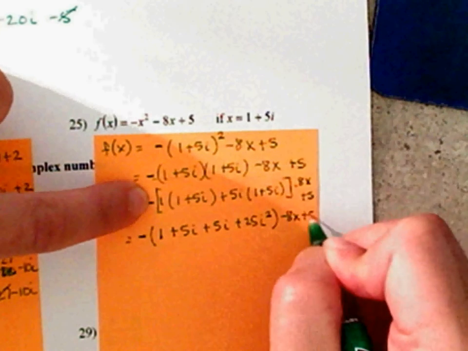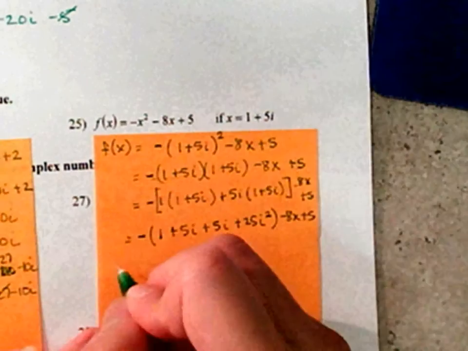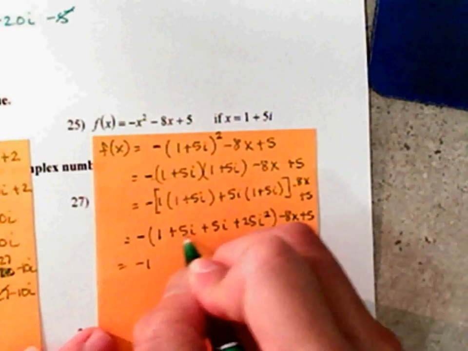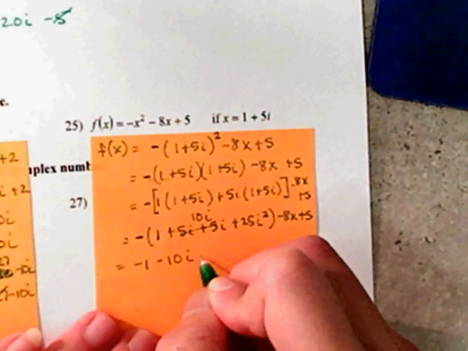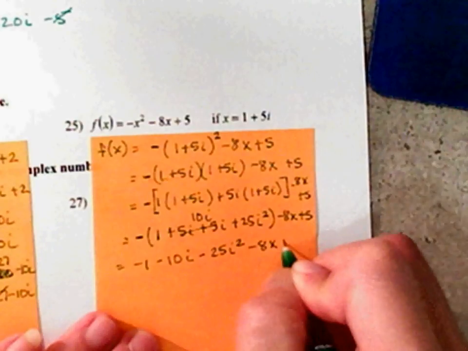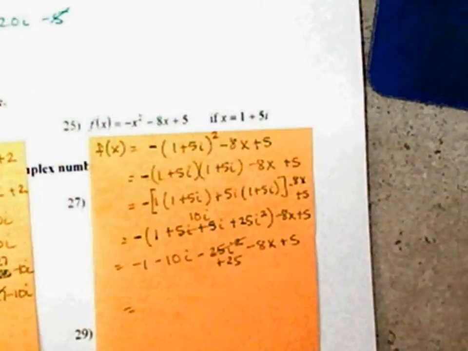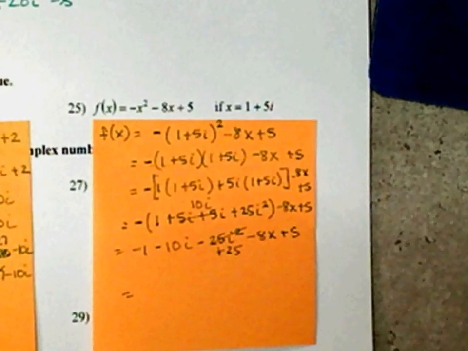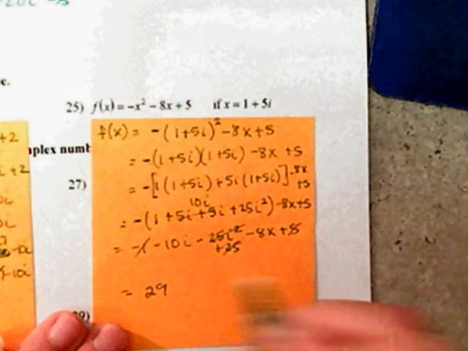Now I'm going to multiply these times negative. Okay? So negative 1, that becomes 10i, so it becomes negative 10i minus 25i squared minus 8x plus 5. Makes that a positive. Combine your real numbers. So negative 1 plus 25 plus 5 comes out to be 29. And then you have negative 10i.